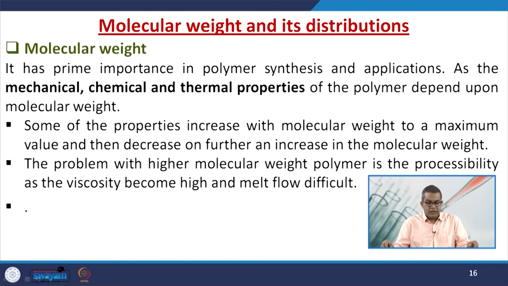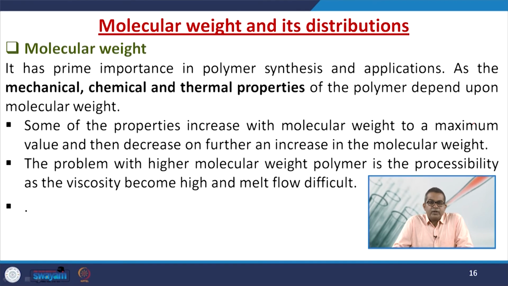Now, let us have a look at the molecular weights and their distribution. Now, see, I told you in the previous lectures that the molecular weight of a polymer plays a very vital role. We will give it in detail in the subsequent lectures, but usually polymers do not possess a fixed molecular weight, because of the availability of different sized chains within the polymeric mass.